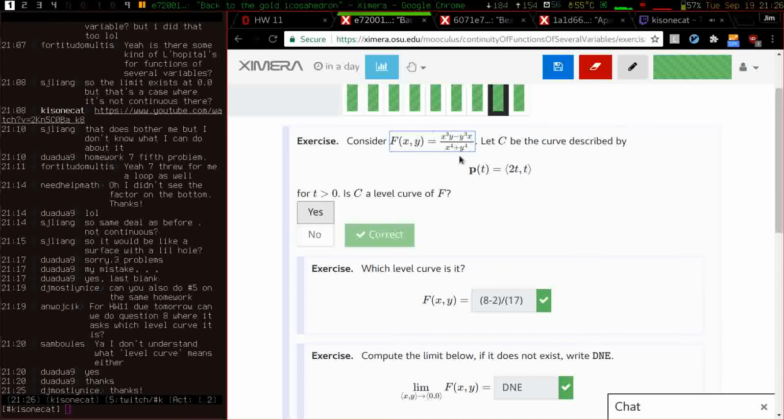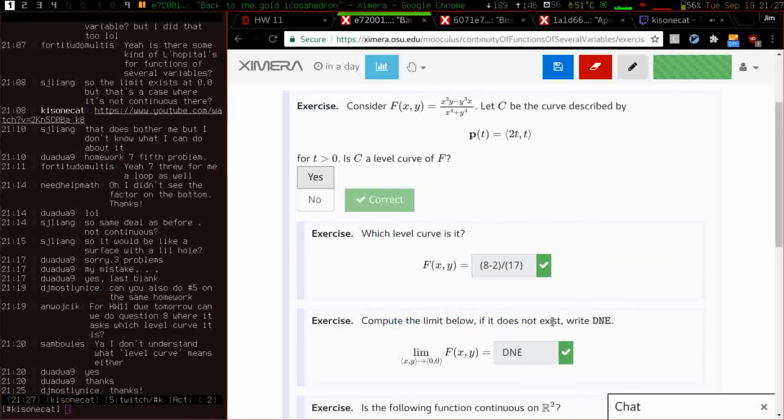So every output, as long as t is bigger than 0, is this. It turns out to be 8 minus 2 divided by 17. So that's what they mean by which level curve it is. It's the level curve that corresponds to the outputs of this function, which are 8 minus 2 divided by 17, because this is exactly what this function outputs when you're moving along this curve, as long as t is bigger than 0. And then it's asking you to compute the limit.